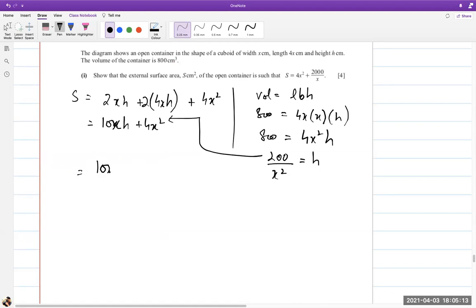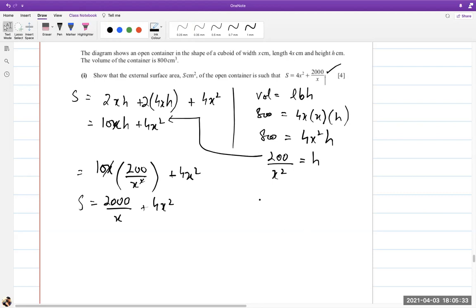I get 10x times 200 over x squared plus 4x squared. This cancels out. 2000 over x plus 4x squared is my answer, and that's what I had to find out, right? Yes. Understood so far? Yes, sir.